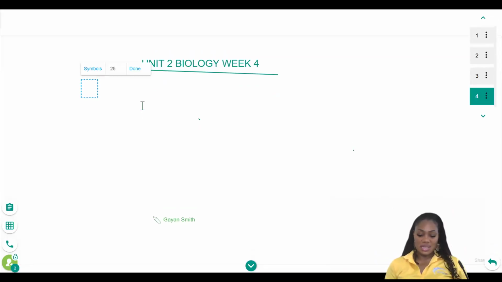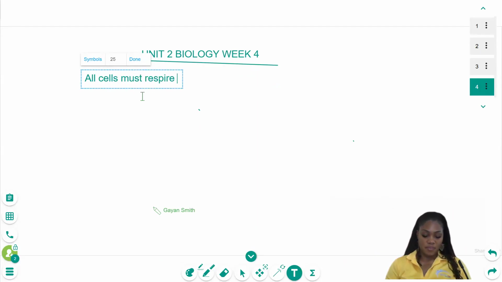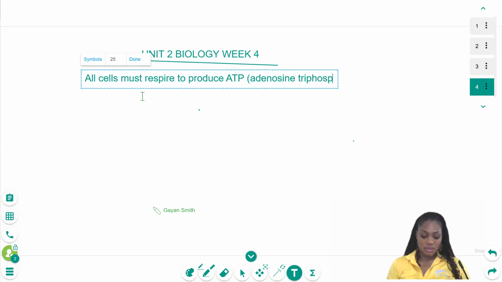So all cells must respire to produce ATP, which stands for adenosine triphosphate.